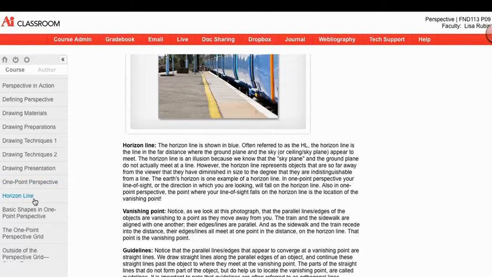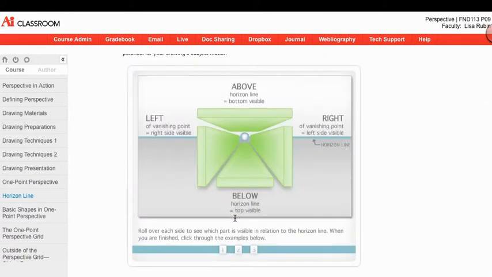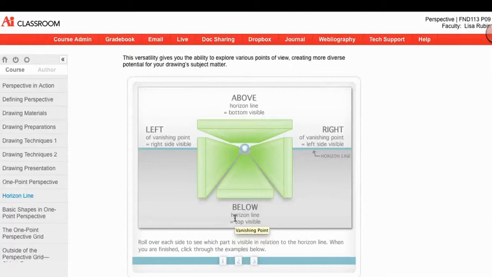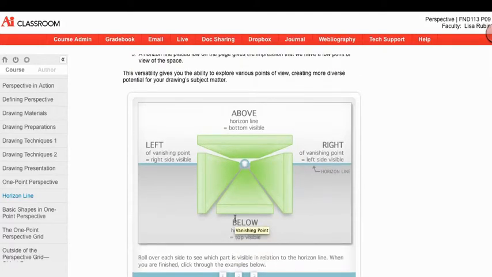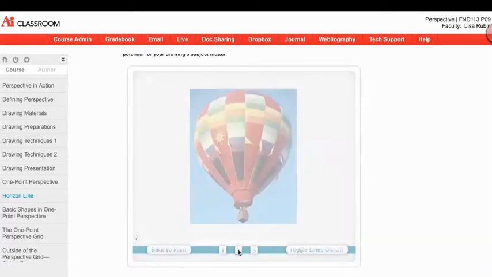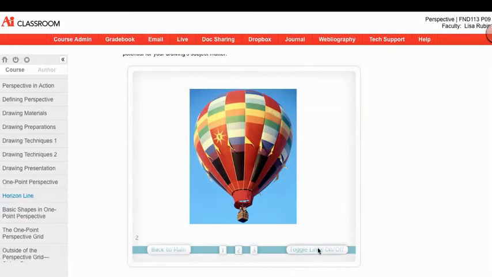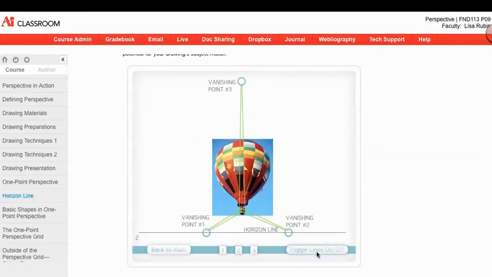Okay, the horizon line is a really important piece here. Where the horizon line is placed gives you what your perspective is going to be. Okay, so in this one, the horizon line is out of the picture plane, and we're looking up at the image.